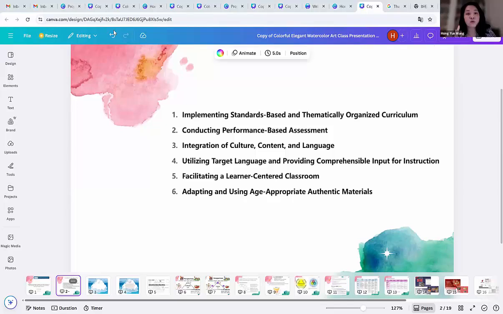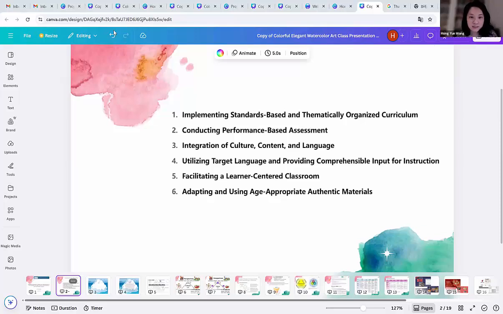The fourth is utilizing the target language and providing comprehensible input for instruction. How can we expose our students to enough input so that they feel comfortable giving us output? That would be presentational communication, or can apply in the 3 modes of communication.